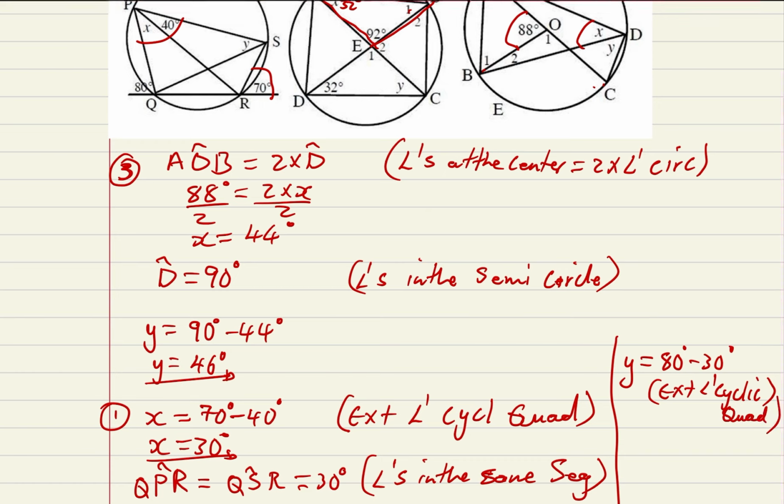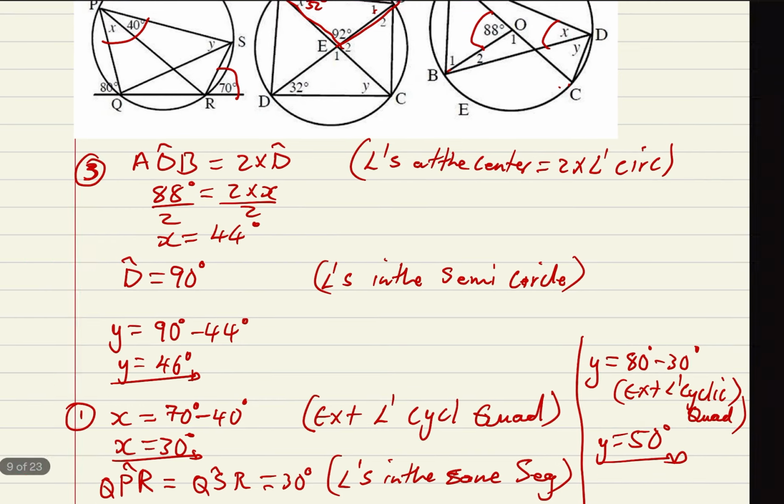Okay, so we know that y is equal to 50 degrees. So that's how we do those problems, okay? Now, those are 3 theorems under a cyclic quad. I hope you are following, guys, okay?